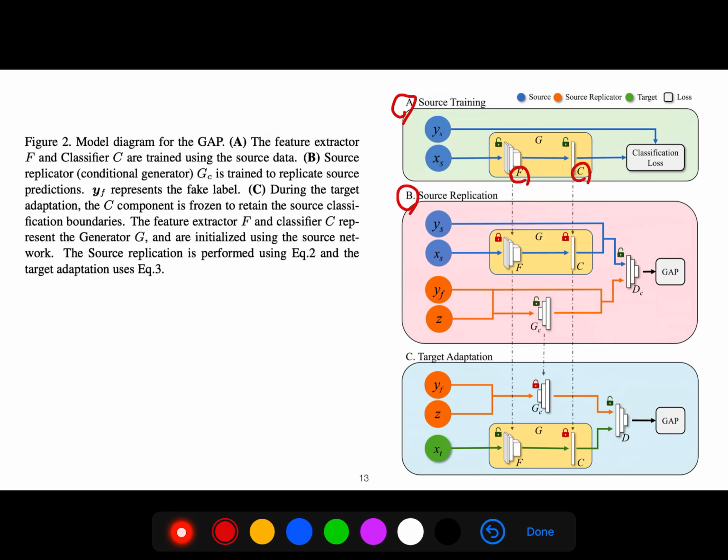That's the source replicator, which is a conditional generator, G of C. It is conditioned on C. The conditional generator G of C is designed such that it replicates the source predictions.